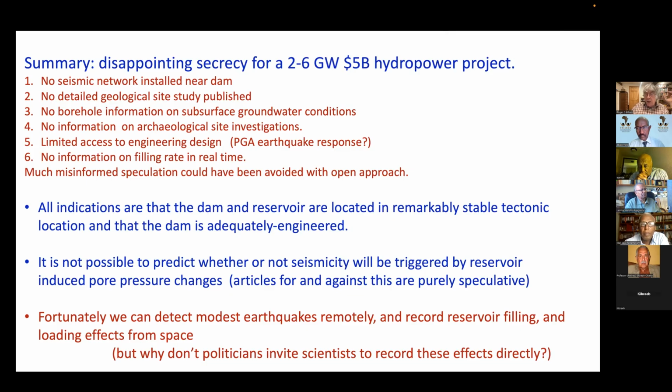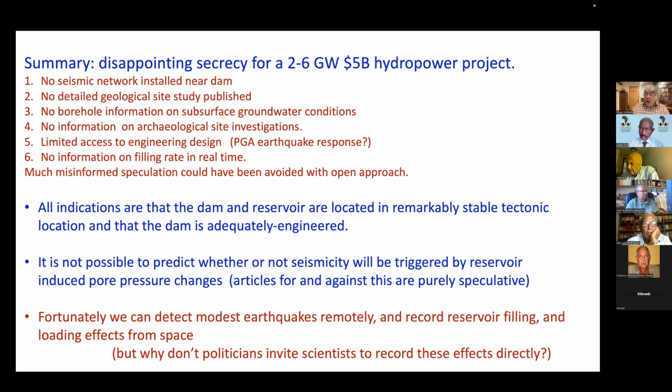Again, I think that puts any kind of scientific commentary on what might happen at risk. It's led to an enormous amount of misinformation. My opinion is that the dam and the reservoir have been located in a remarkably stable location, and the dam is adequately engineered.